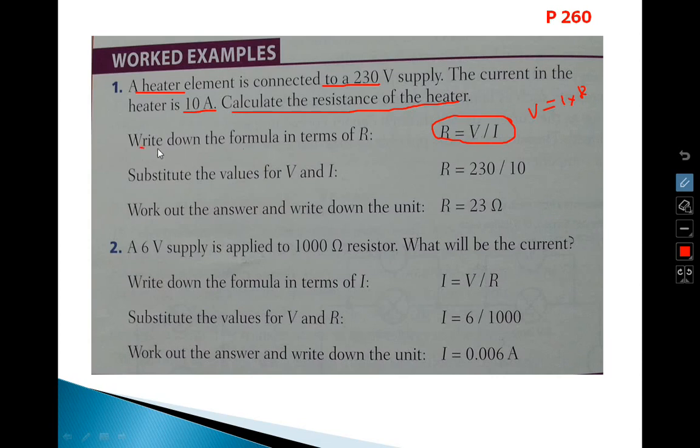This formula, R equals V over I, is Ohm's law.